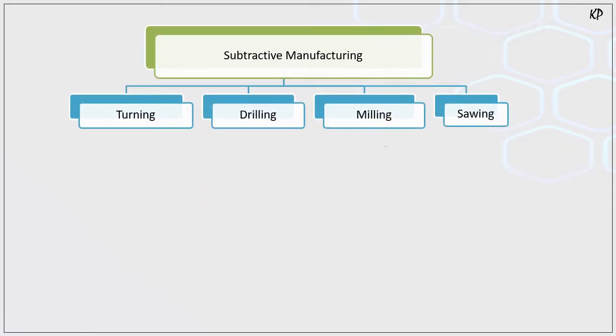So subtractive manufacturing processes are again divided into turning, drilling, milling and sawing. So we will see all four processes one by one in our video. The first process is the turning process.